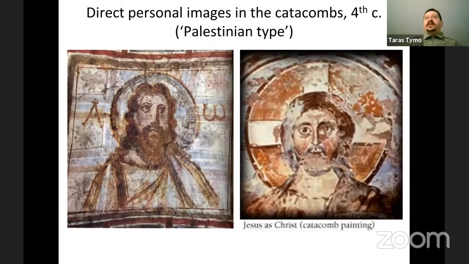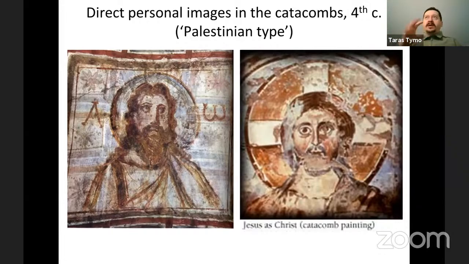because some artists and theologians in that time thought of Jesus as an actual historical person, and they said, okay, let us represent him as a man who lived in Palestine, in Israel, in the 1st century, and we kind of know how Jews look.